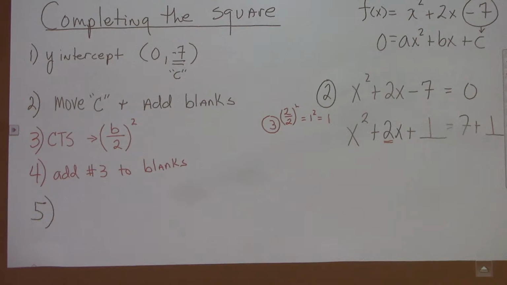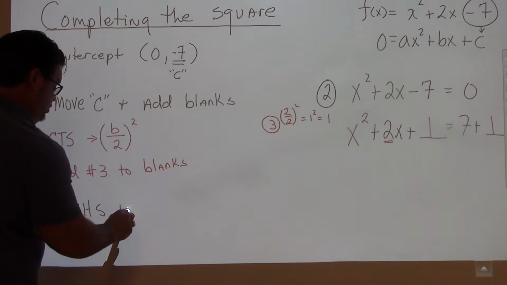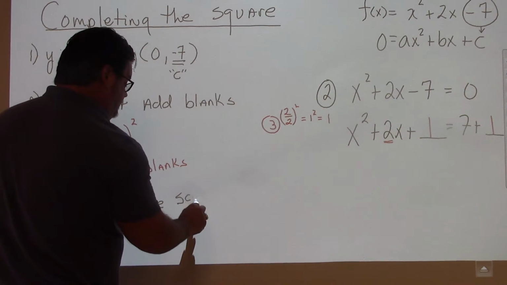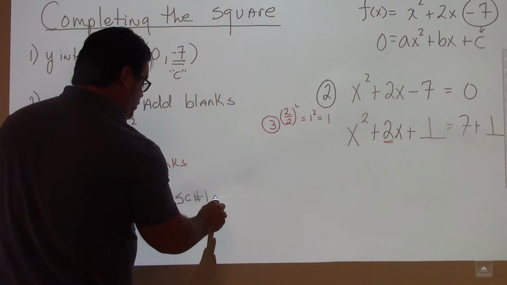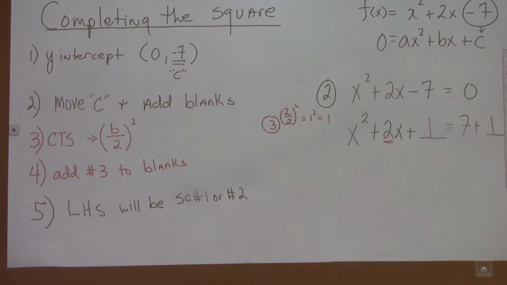All right, 5. Left-hand side will be shortcut number 1 or number 2. Will that be always? Yes. The reason you're doing number 3 is so you will get shortcut number 1 or number 2.